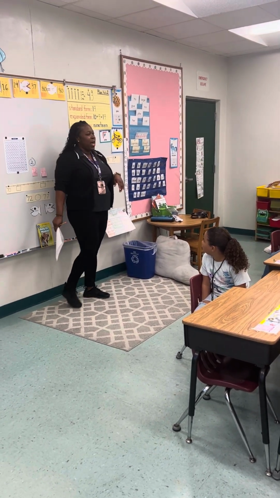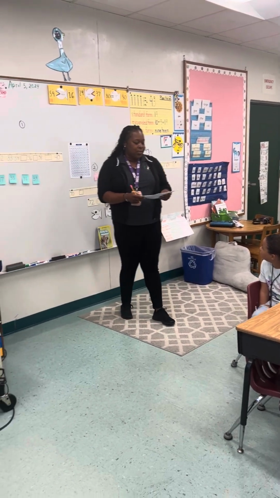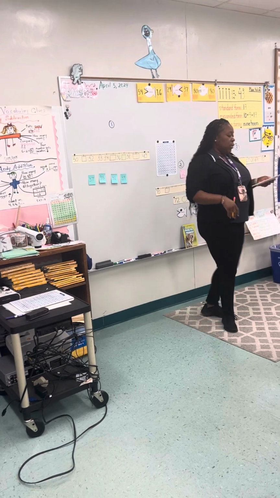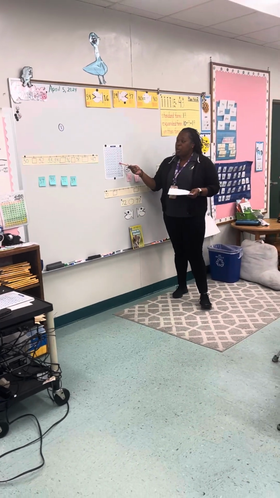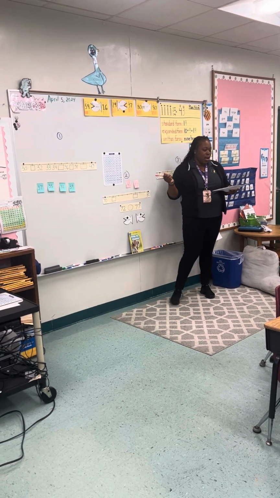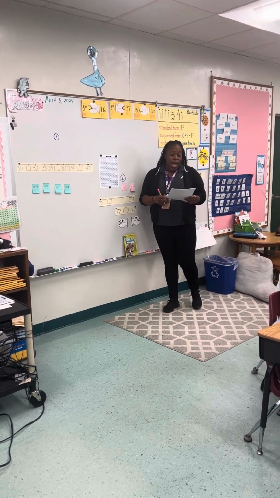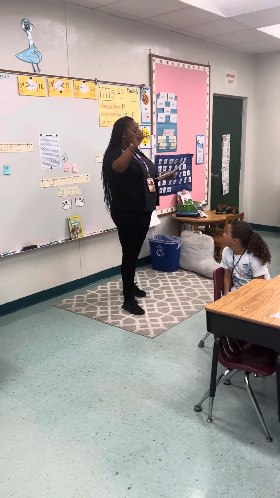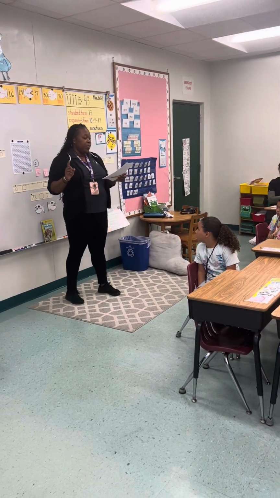Do you guys remember that? Now, in chapter 9, we dug a little deeper and we got to know the 100s chart a little better. Are you guys familiar with the 100s chart? We learned how to add one more and one less number.